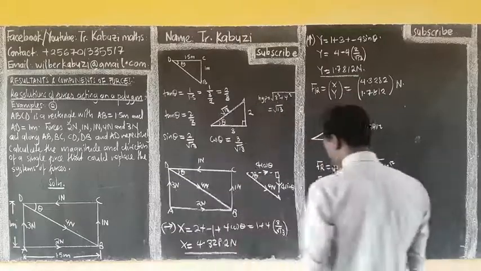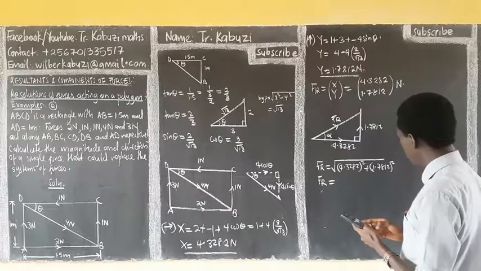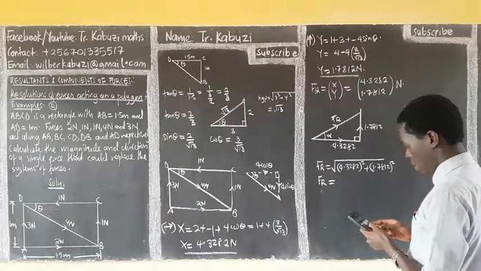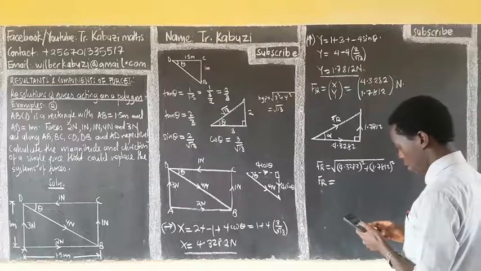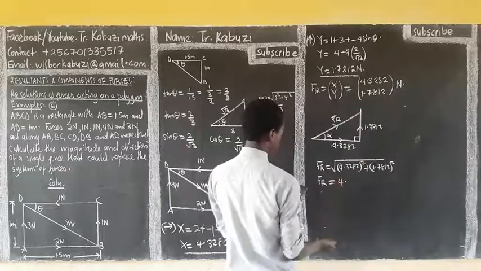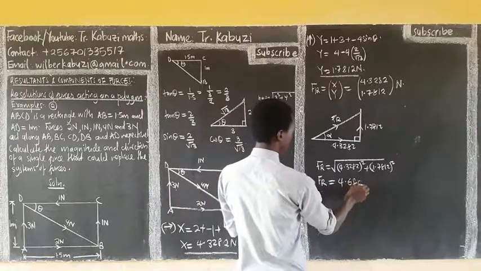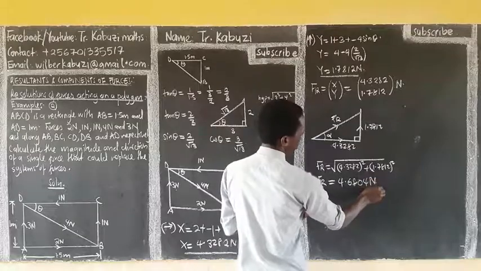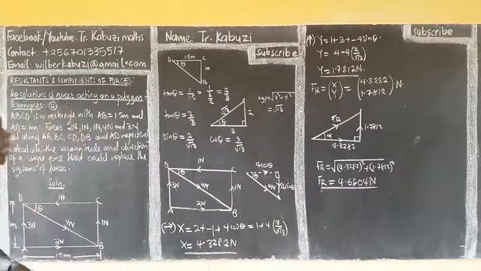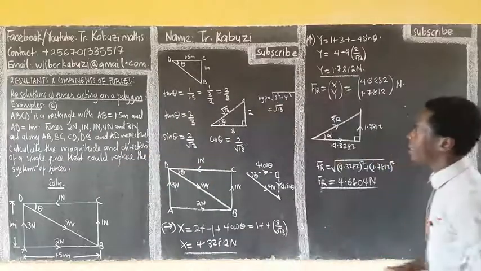When we put that on the calculator, I'm getting 4.6804 newtons there. So that is the resultant force. The magnitude of the resultant force is this.